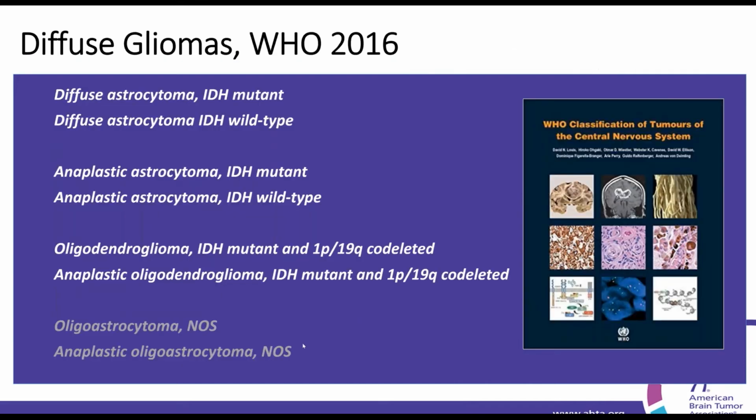So that as well has been brought into the World Health Organization. And for these grade 2, grade 3 tumors, we're now recognizing them as IDH mutant and IDH wild type. And we're defining oligodendroglioma based on their molecular profile rather than under the microscope.